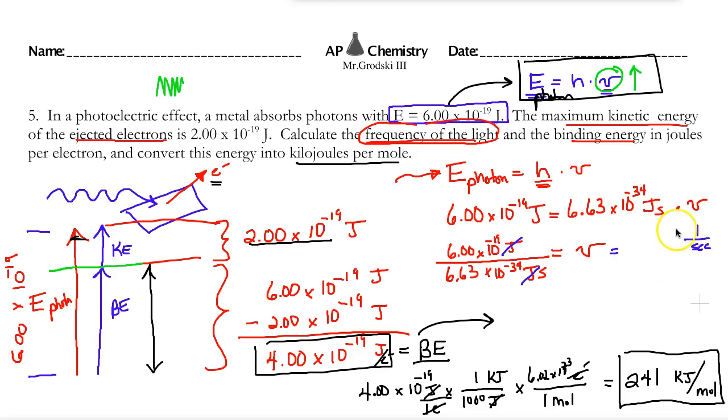So we put this in our calculator, 6.00 times 10 to the negative 19 joules over 6.63 times 10 to the negative 34 joule seconds, and what we get approximately is 9.05 times 10 to the 14. It's a lot of cycles per second. And we could certainly go to our electromagnetic spectrum to see what kind of electromagnetic energy we have there.